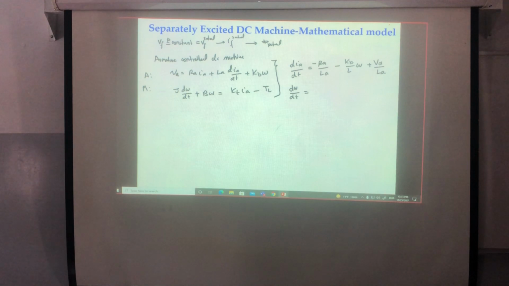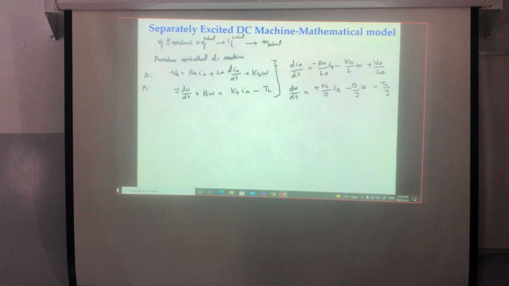Then I'm rearranging the equation. Here there is IA, I was forgetting IA. So the first term is KT over J multiplied by IA, minus B over J multiplied by omega, and in the end minus TL over J. Doctor, isn't it positive KT? Yeah, KT is positive.